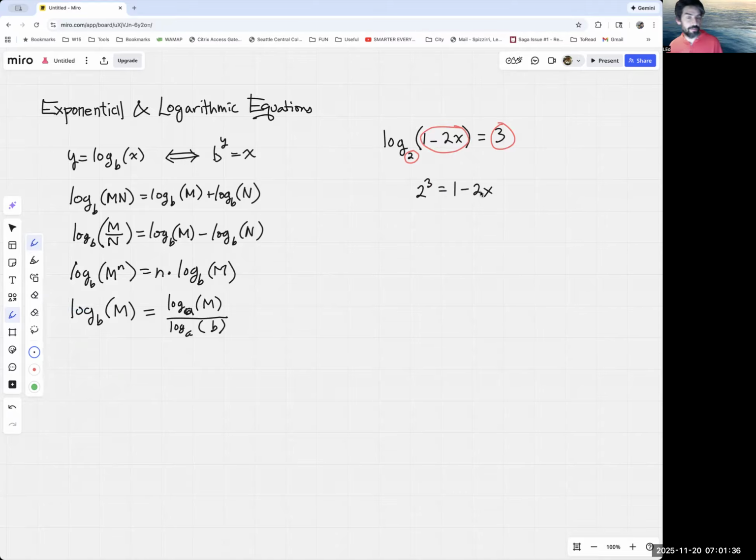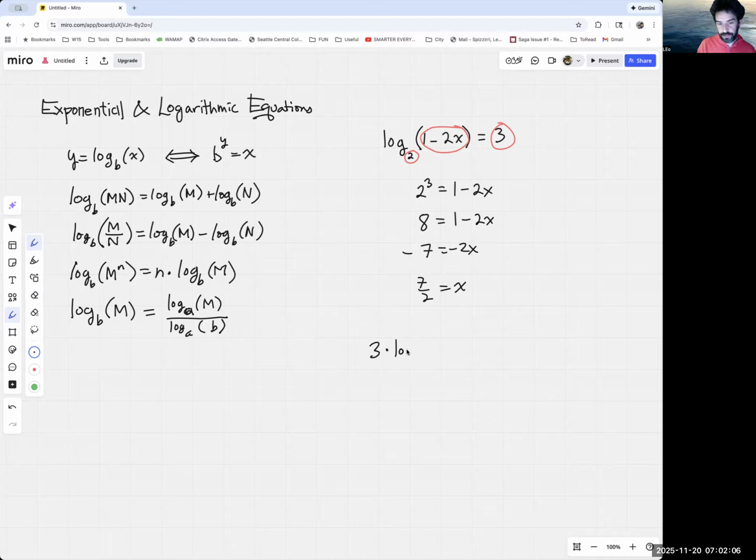That's an equivalent statement according to the definition of the logarithm. And I just evaluate 2 cubed, and now we've got a pretty straightforward algebra equation to run through. So divide both sides by -2, and we get x equals 7/2. So that's a pretty straightforward case where we can just straight use that definition.